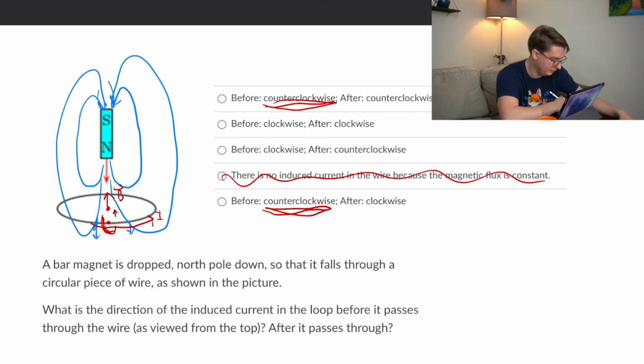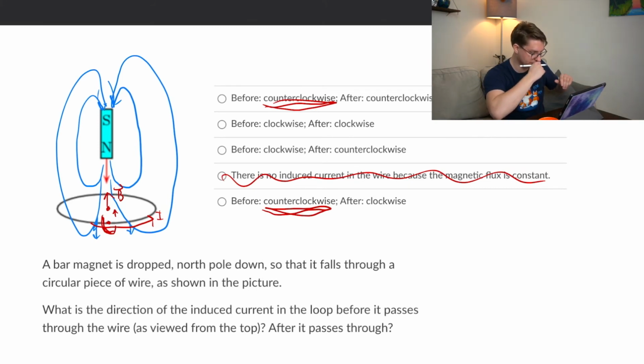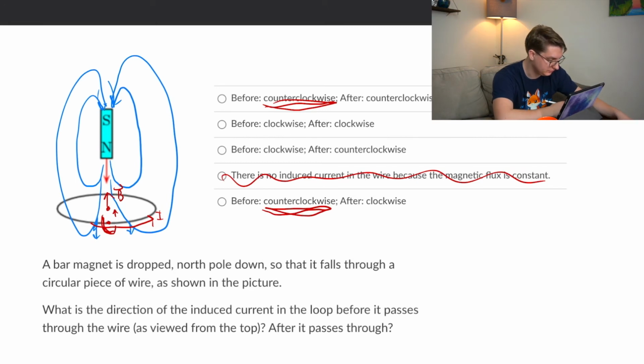After it passes through, then what's happening? So the magnetic field is still going to be pointing down, but now it's decreasing. The magnetic flux is at a maximum when it's right through it. When it passes through, it's going to start decreasing. So it wants to oppose.